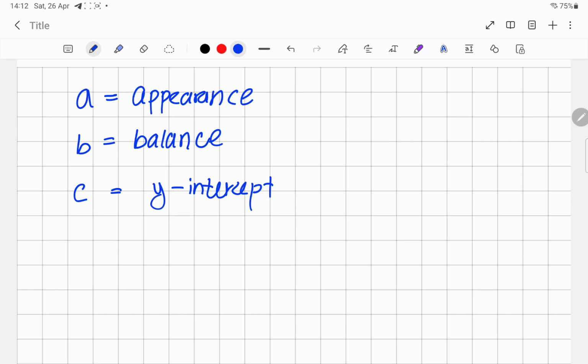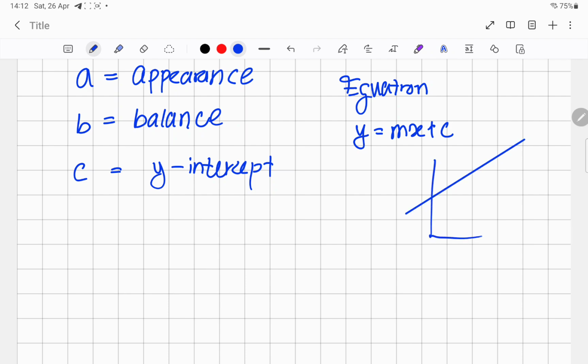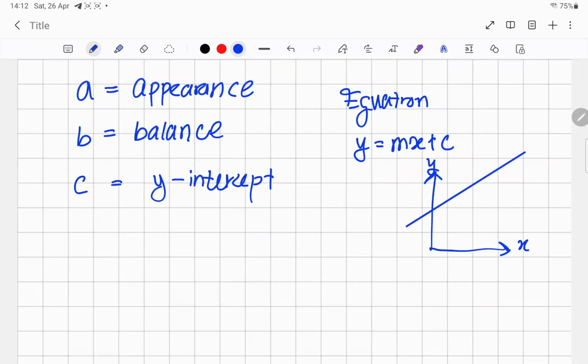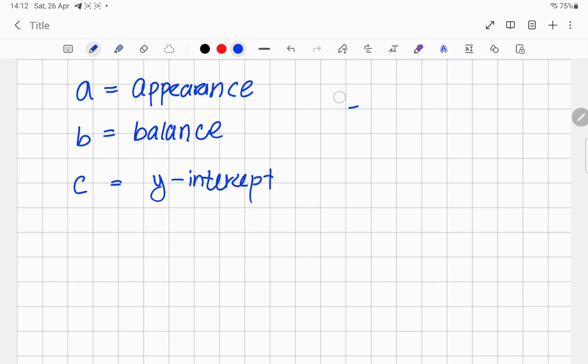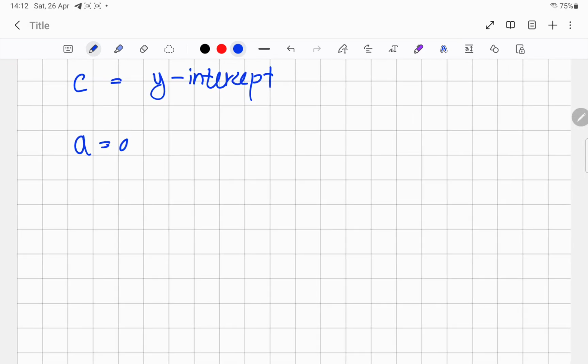For appearance: if y equals mx plus c, we have a straight line graph. But with a quadratic equation graph, the value of a will determine whether your graph is a smile graph or a sad graph.